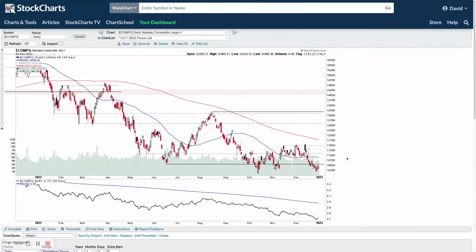So very different types of stocks in the indexes. They do have some crossover, but you've got a much heavier weighting of tech stocks and healthcare stocks in the NASDAQ. So you can see it's actually lagged the entire length of 2022 here.